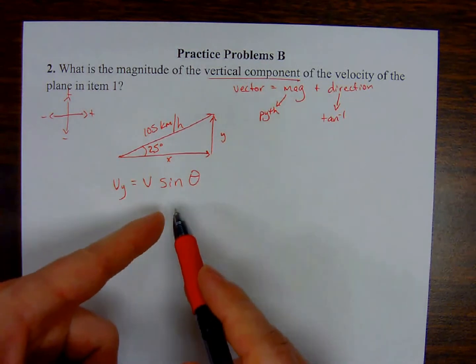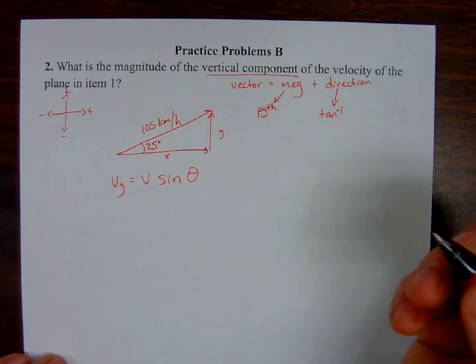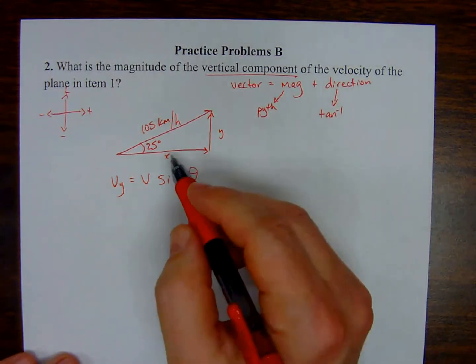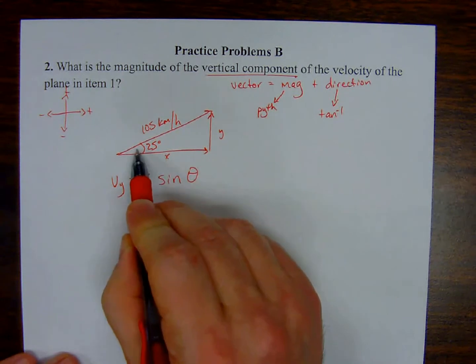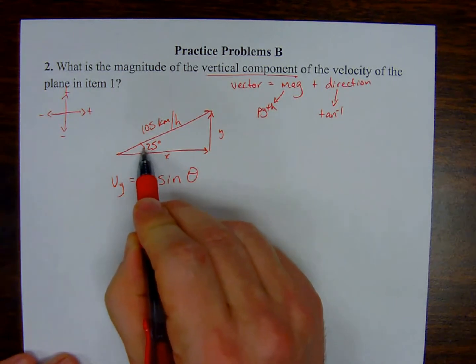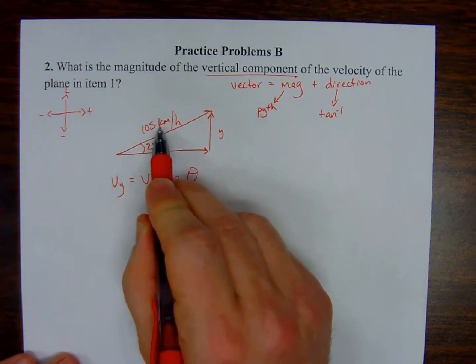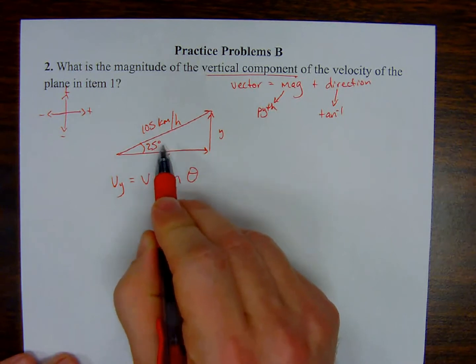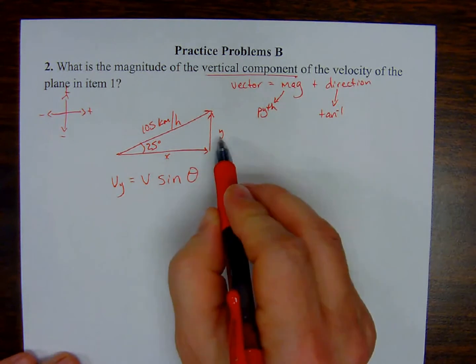In item 1, I was being asked to solve for the x component, relative to the angle of 25 degrees, so I used adjacent over hypotenuse. And in this item 2, I'm going to be using opposite over hypotenuse. Therefore, I use the sine.